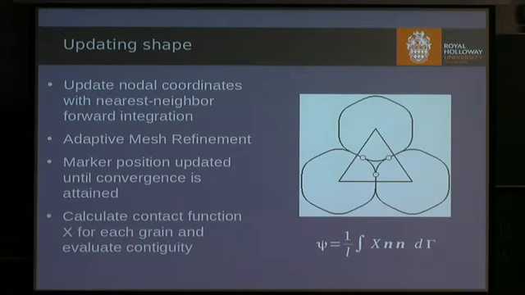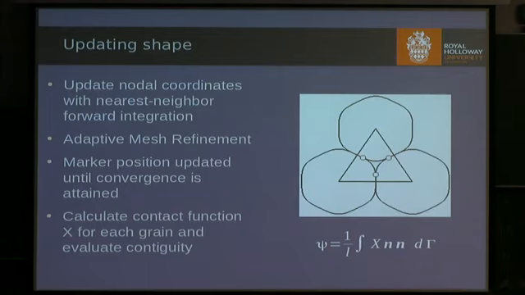And we also have an adaptive mesh refinement, because when you have deformation, you could develop kinks and things like that. So we refine the mesh, and you can set whatever criteria you want. We typically use curvature at each element as a criterion. So if an element becomes too curved, above a certain value in curvature, we break it up into multiple elements.